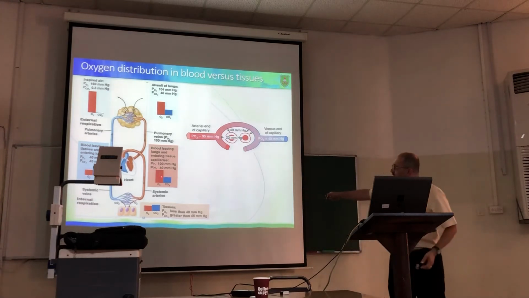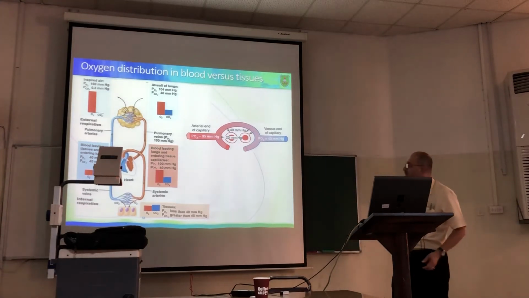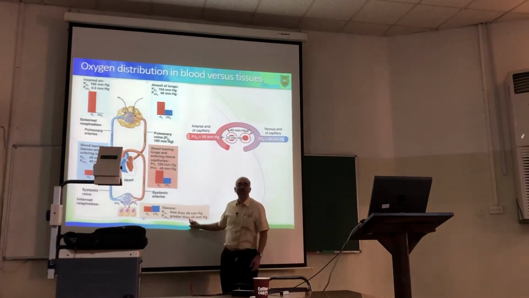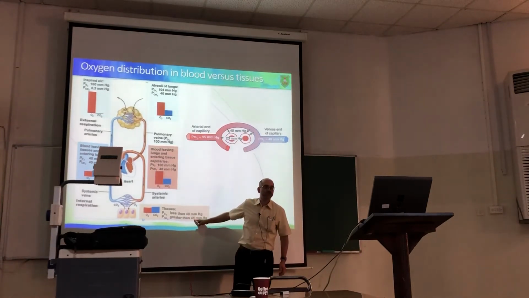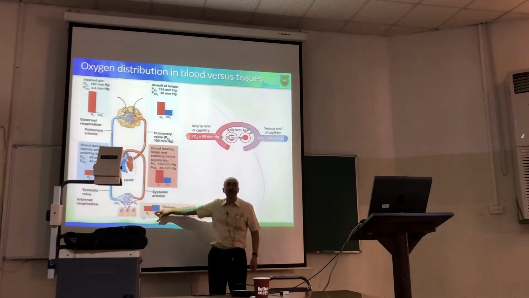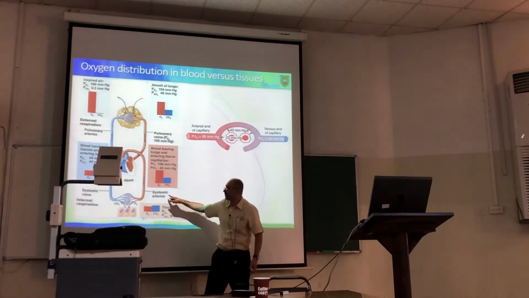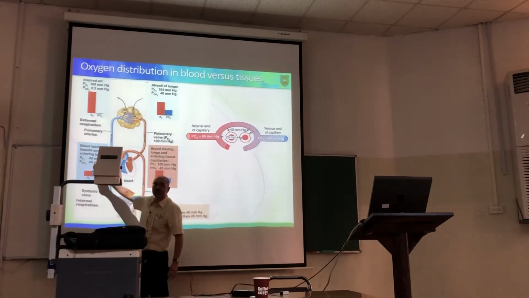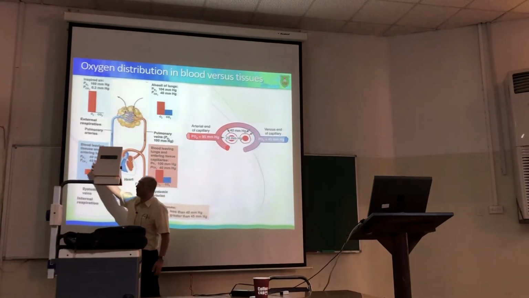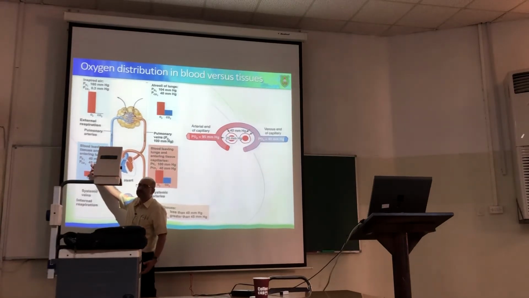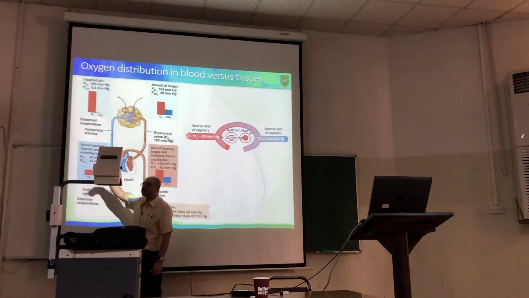Now, as it goes into peripheral tissues, notice that the level of oxygen goes down to about 40 torr. This is where and when hemoglobin releases oxygen to peripheral tissues. When it goes back to the lungs, it has a low level of oxygen. It's hardly saturated with oxygen; it doesn't carry as many oxygen molecules as before.